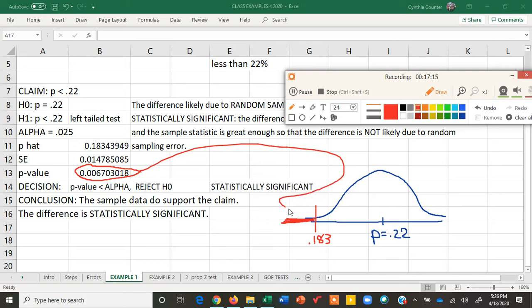That is now this red area. So the middle 95% is over here, right? So here's the middle 95%.